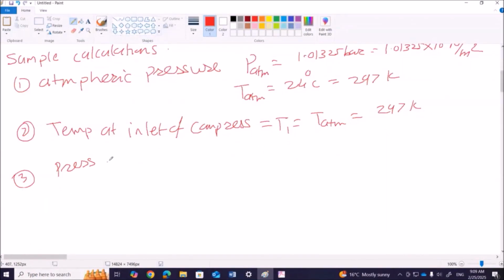Volume is V1. The pressure at inlet of the compressor is P1, and P1 is a gauge pressure. Whatever we measured is a gauge pressure, so we need to find the absolute. So P1 is P atmospheric plus or minus P gauge. The atmospheric pressure is 1.01325 into 10 to the power 5, and here we will consider minus.